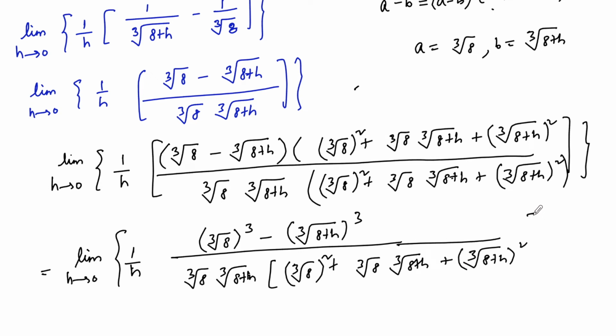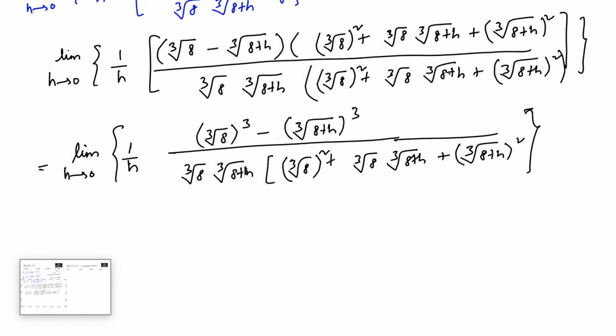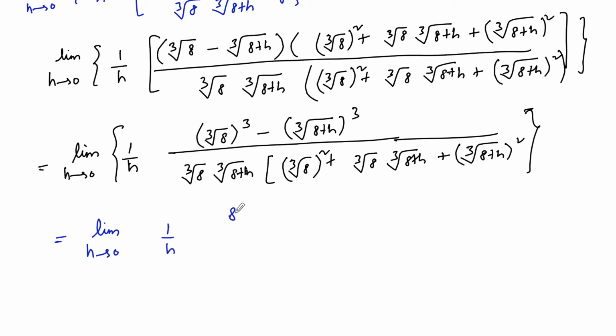Let us simplify only the numerator part. So cube root of 8 whole cube we can write as 8. So 1 upon h times of 8 minus cube root of 8 plus h whole cube, which can be taken as 8 plus h.